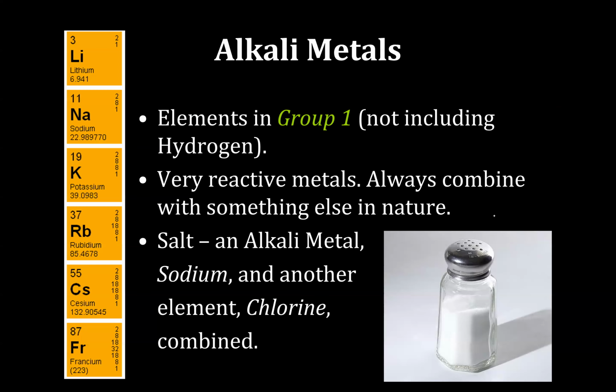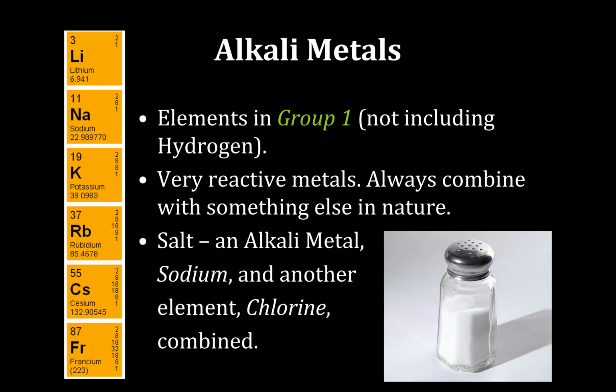For example, a good example of alkali metals is sodium chloride, table salt. So table salt is made out of what? Sodium and chlorine, NaCl. Sodium is a metal, but chlorine is a non-metal. Again, sodium cannot exist on its own, right?